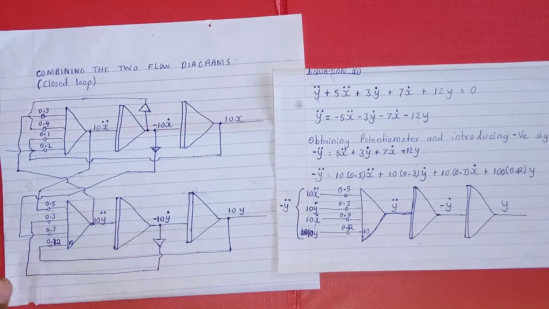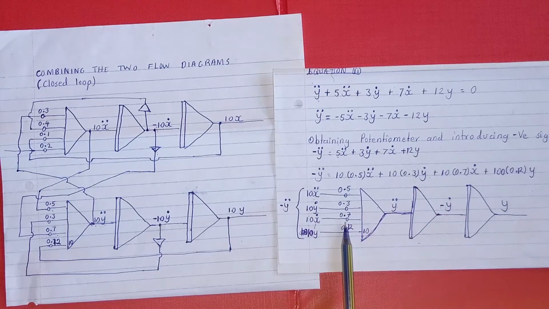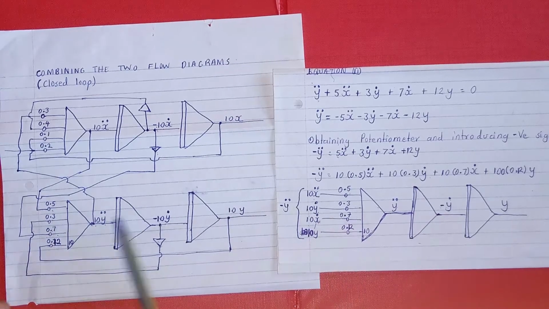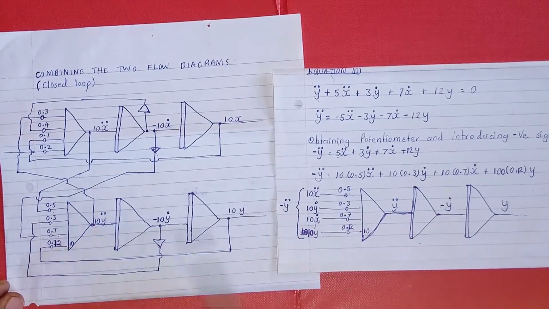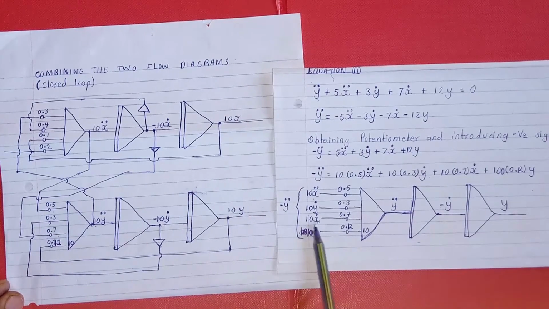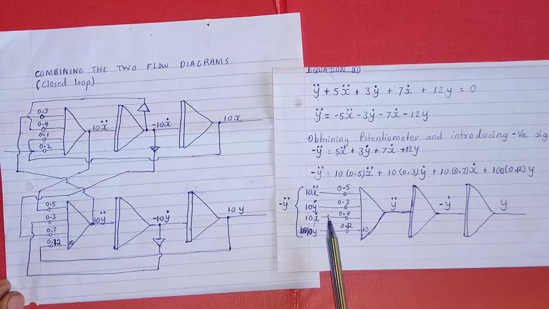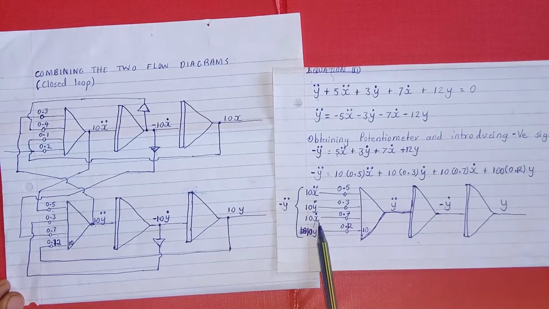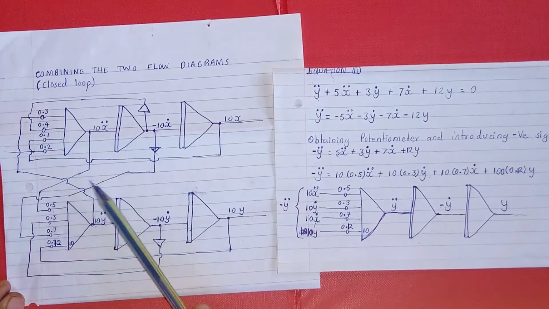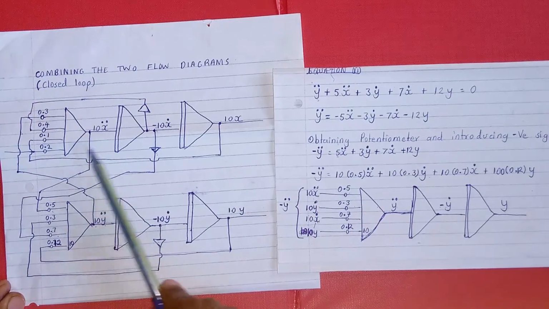Now let us proceed to our next value, which has a gain of 0.7. Now our 0.7 has a factor of positive 10 first derivative of x. Now where will we get this first derivative of x in the entire diagram? So it is found here.